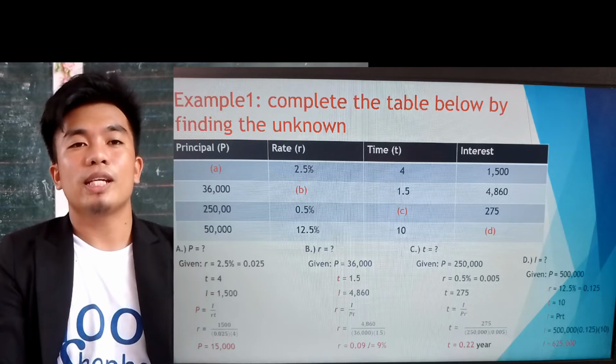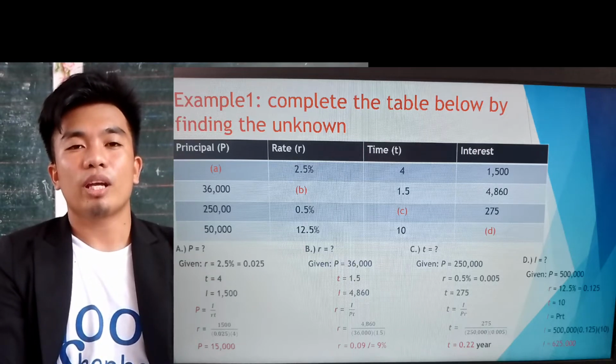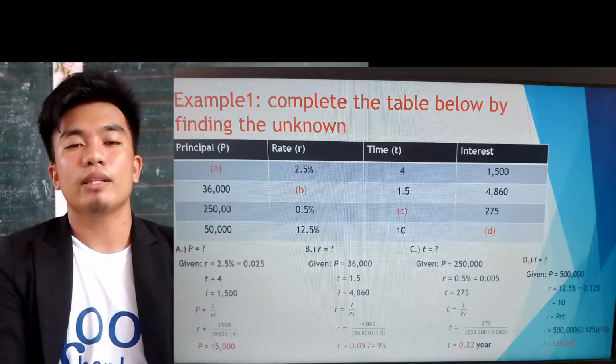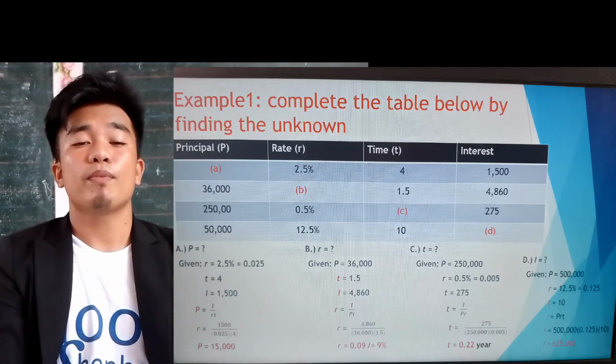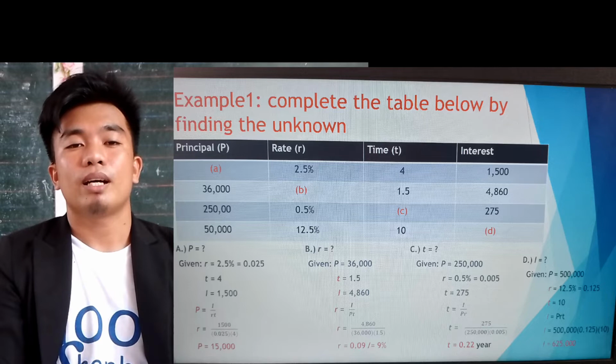For letter C, we can find the time. The given is our principal 250,000, our rate is 0.5%, which we convert into decimal, 0.005, and our interest 275.